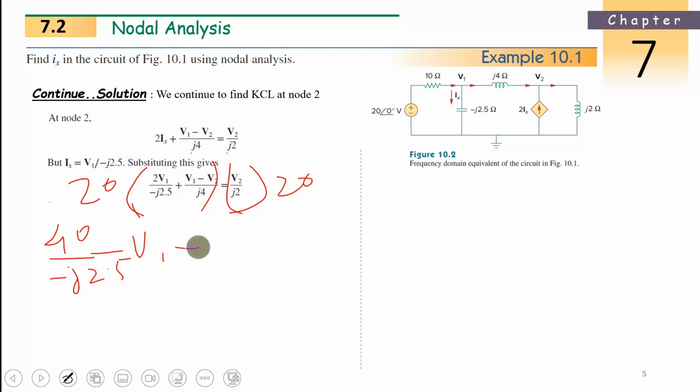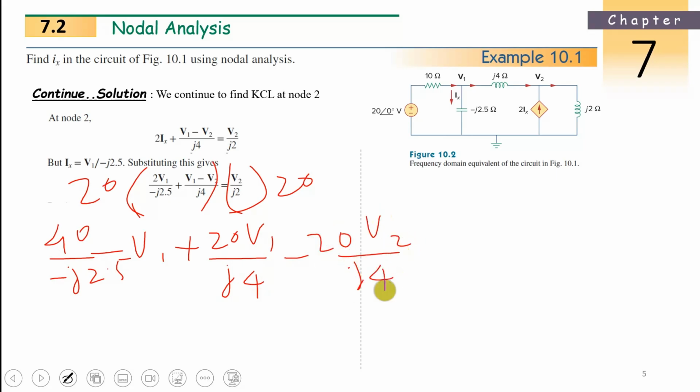Just rearrange, v1 separate: 20 v1 divided by j4, minus 20 v2 divided by j4, equal to 20 v2 divided by j2. Now 40 divided by 2.5, how much?